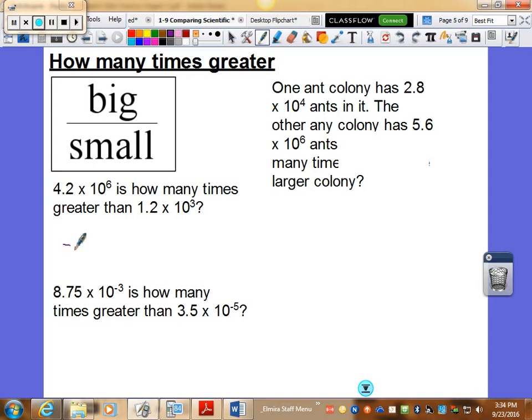Out of these two values in our first example problem, I see an exponent of 6 here and an exponent of 3 here. So I'm going to put the larger exponent on top and the smaller exponent on the bottom. Now remember, when you type these into the calculator, to put parentheses, otherwise your calculator does not give you the correct answer.